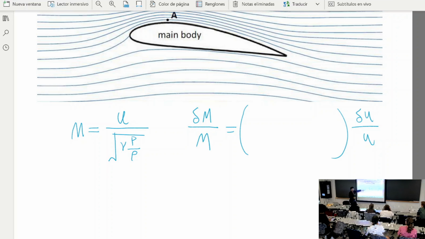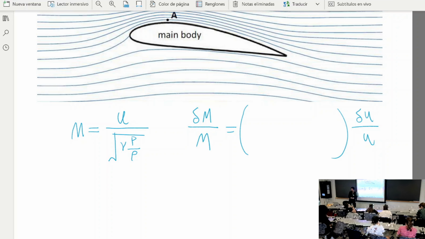We studied the fractional sensitivity of a ratio. We also studied the fractional sensitivity of a power, and in this case we have a power of half, or minus half if you think of the division as part of the power. We also looked at the fractional sensitivity of products.